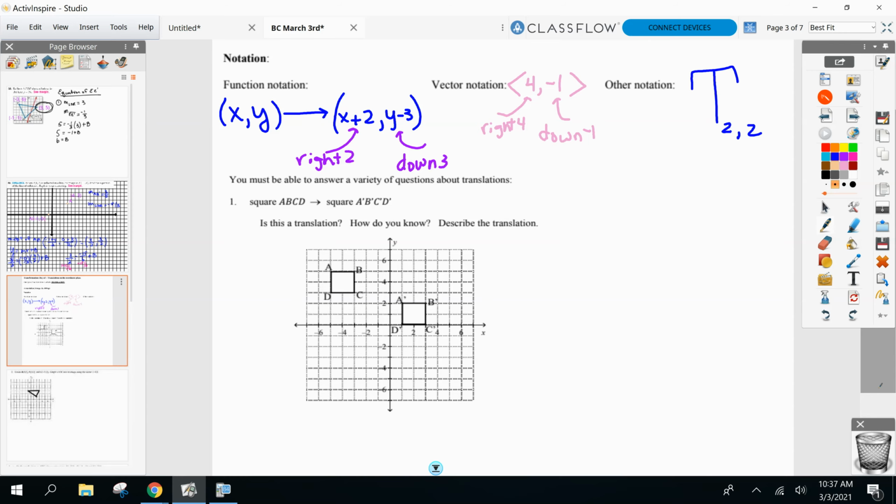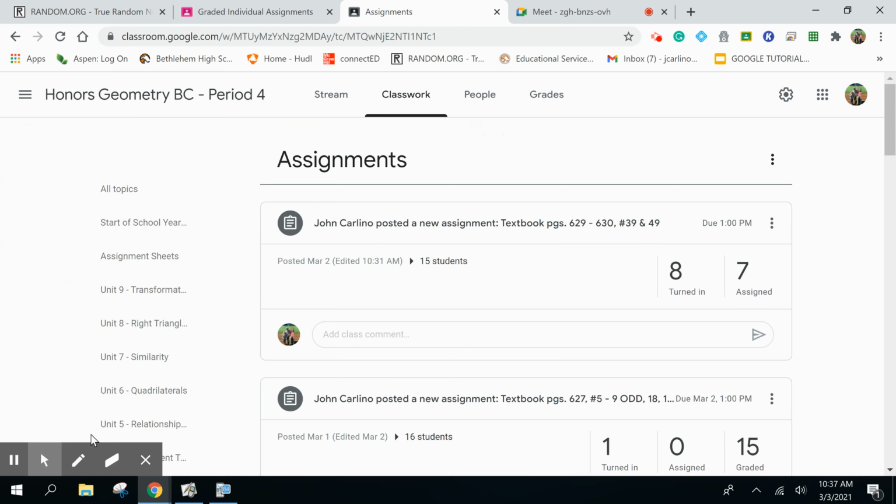So start with A to A prime, everyone. First question of the day: from A to A prime, tell me the distance and direction you're moving. Right, left, up, down. How many units am I going and in what direction?